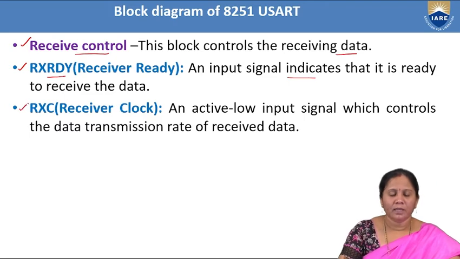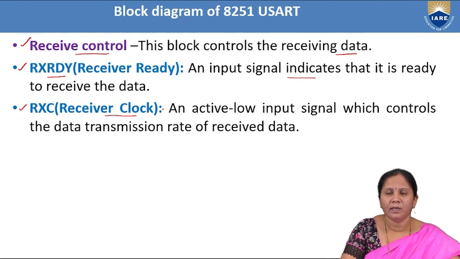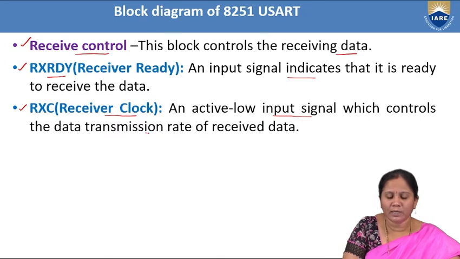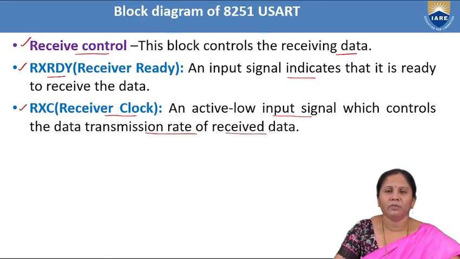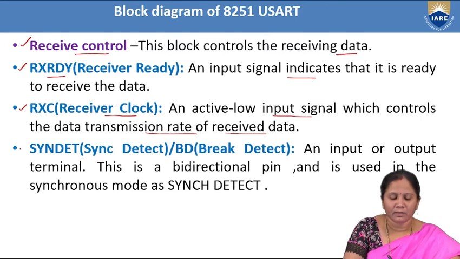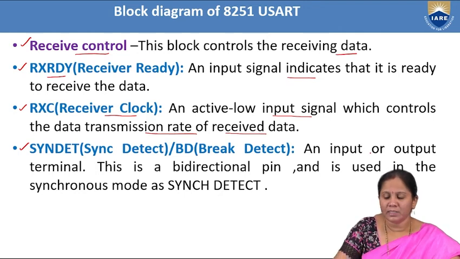And the next signal is RXC. So here RXC represents receiver clock. So this is an active low input signal which controls the data transmission rate of the received data. And the next signal is sync detect and break detect. So this is an input or output terminal.